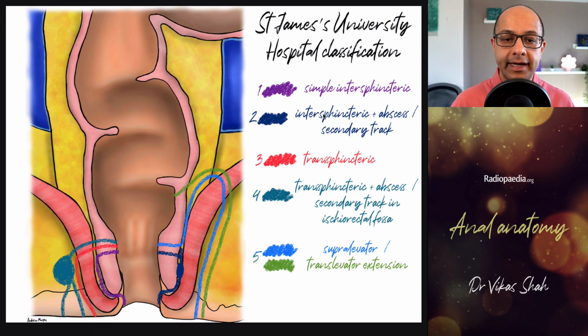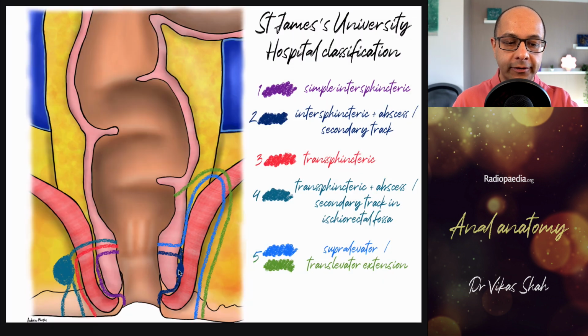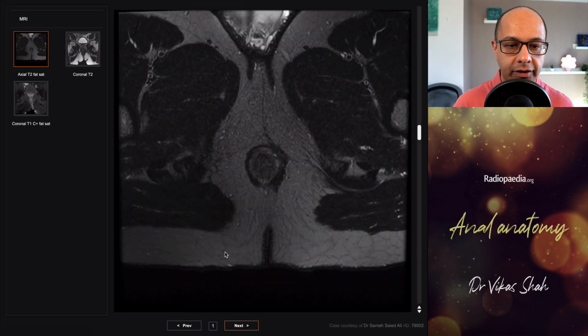So 2 is an intersphincteric tract with an associated abscess or a secondary tract. So you can see that over here, intersphincteric tract, and then there's a little secondary branch heading superiorly, and here a small focal collection as well. So let's look at an example of that.